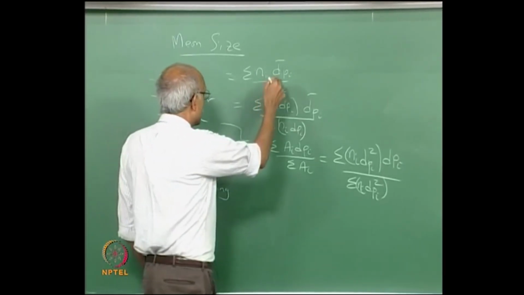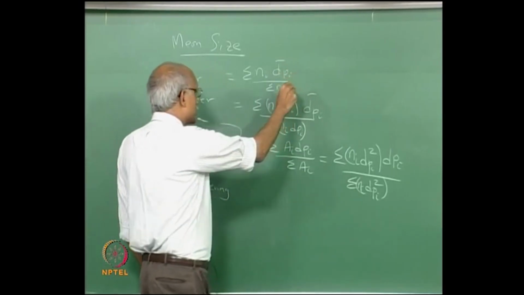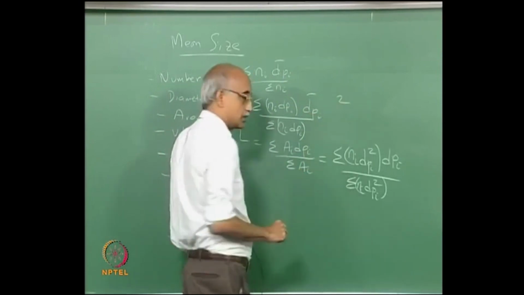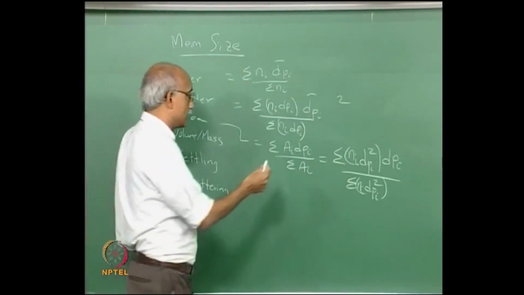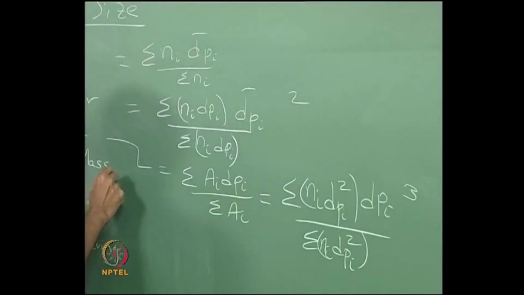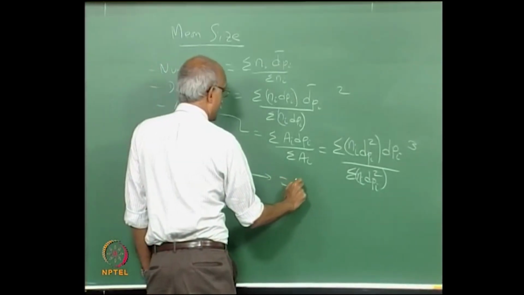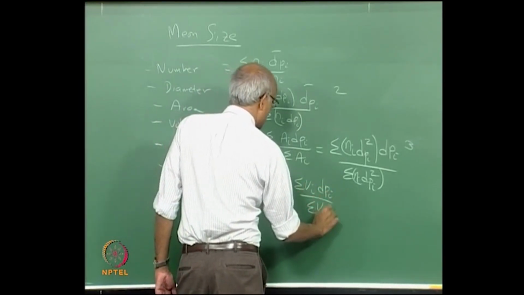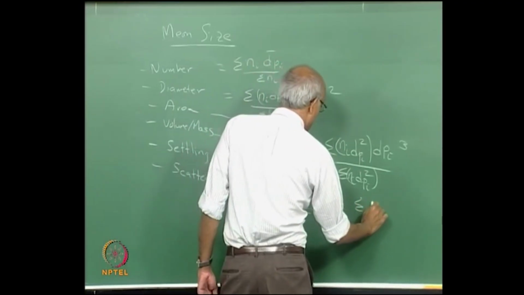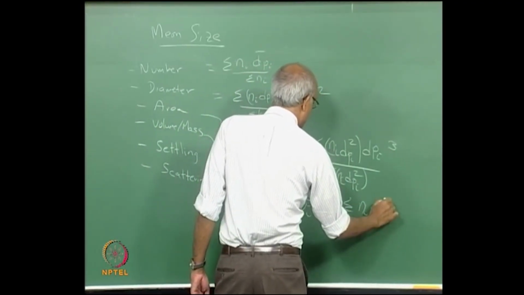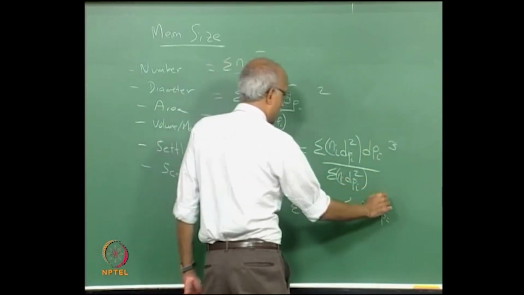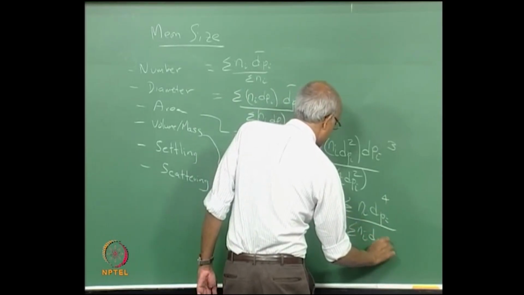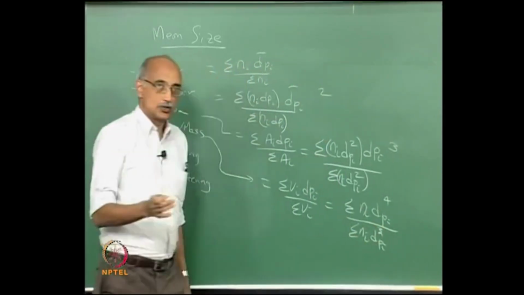So what we are seeing is that here, multiplying dpi by dpi, you are taking essentially the second moment, here you are taking the third moment, and when you start talking about the volume mean diameter, which is summation vi dpi over summation vi, this becomes summation Ni dpi cubed multiplied by this dpi. So it is actually dpi to the power 4 divided by summation Ni dpi cubed, and so on.